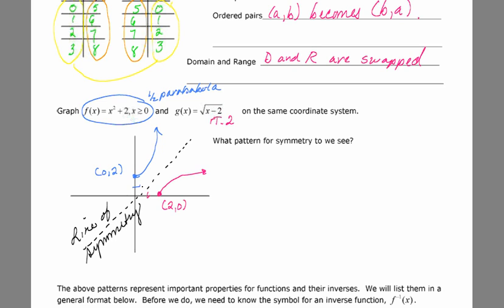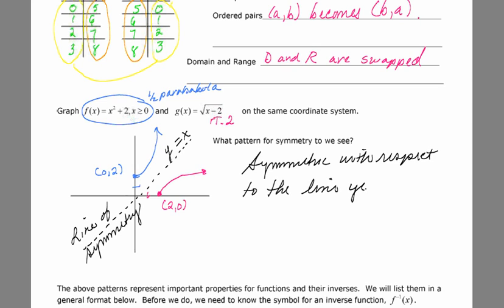The line of symmetry is this bisecting line, and it's the line y equal x. So they're symmetric with respect to the line y equal x. That's a pattern for symmetry.